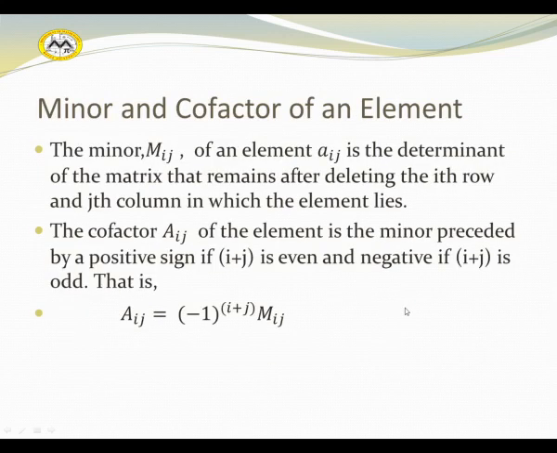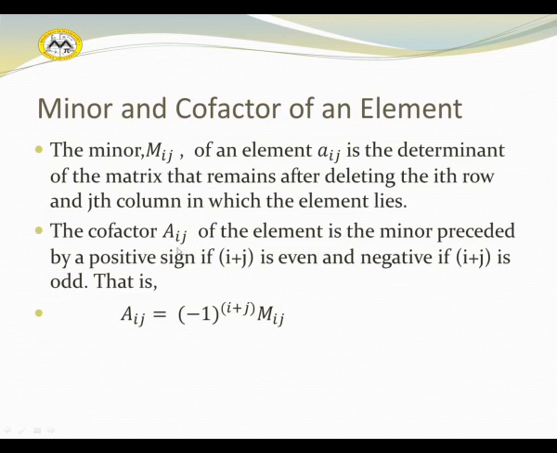What is a minor and cofactor of a certain element? The minor, denoted as capital M_ij of an element a_ij, the element at the ith row and jth column, is the determinant of the matrix that remains after deleting the ith row and jth column in which the element lies.